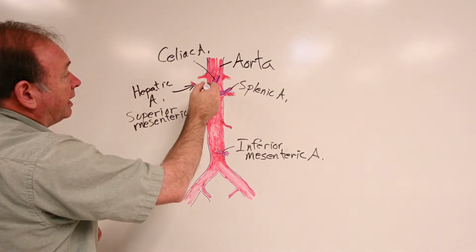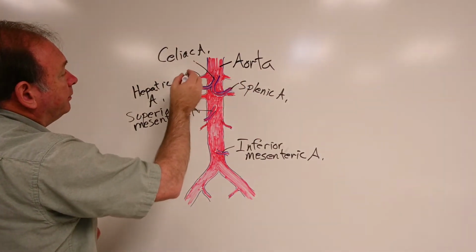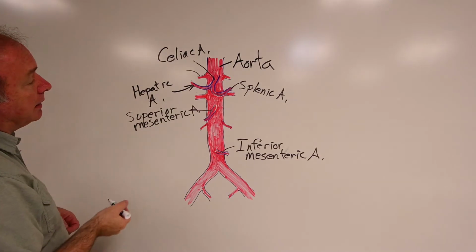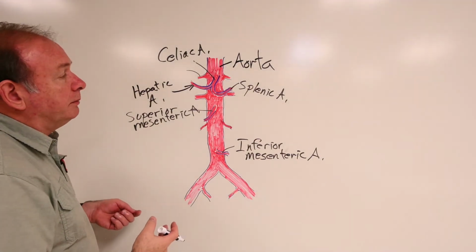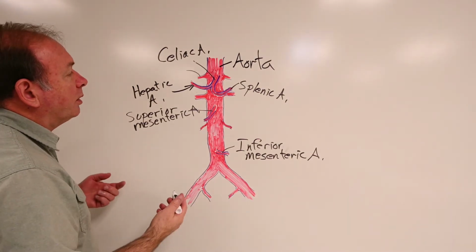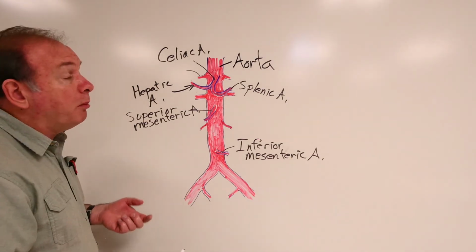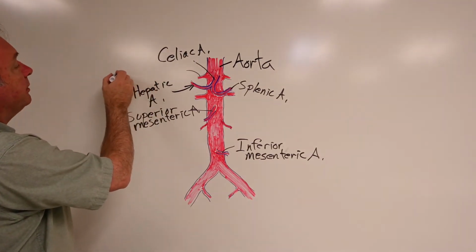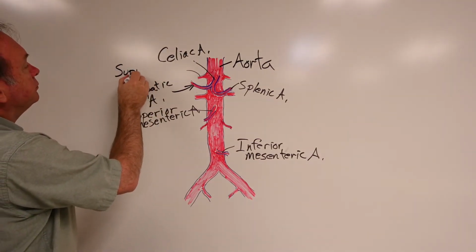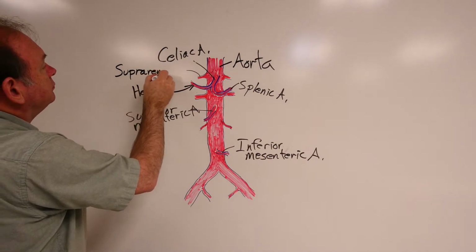Then we have our, these are sometimes called suprarenal or adrenal arteries, or adrenolumbar, it was in the cat. We're going to call them suprarenal here.